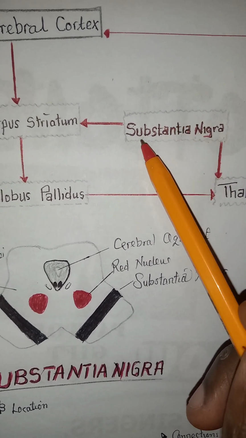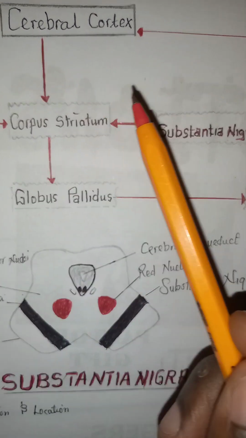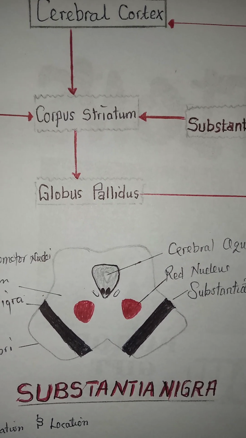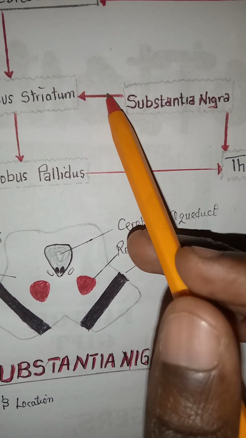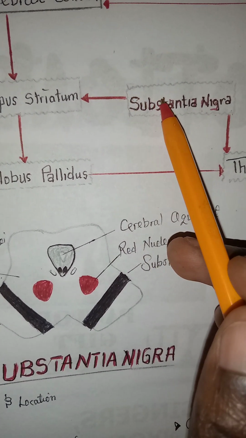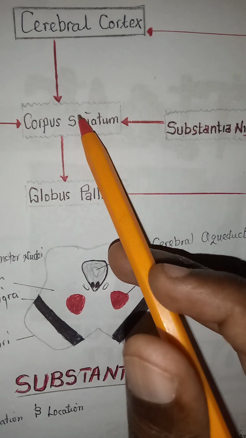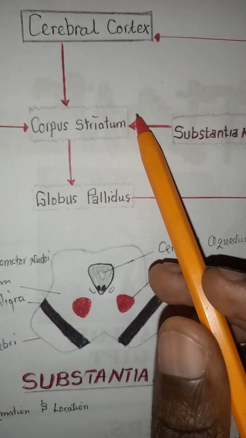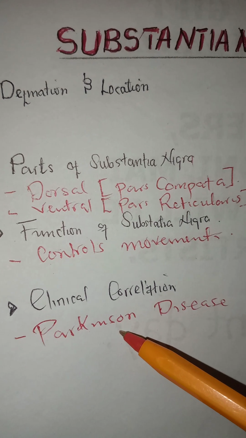If there is damage to this part, obviously we won't have dopamine, which plays a role in muscle movement. Also, if we damage the fibers transmitting the dopamine from the substantia nigra to the corpus striatum, the corpus striatum will no longer have dopamine, and that can lead to Parkinson disease.